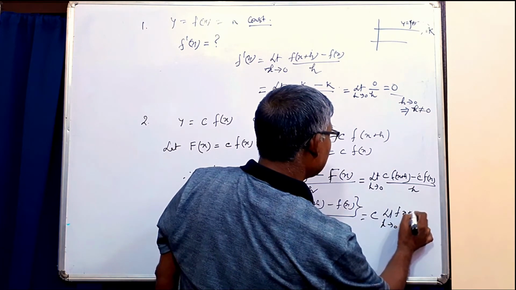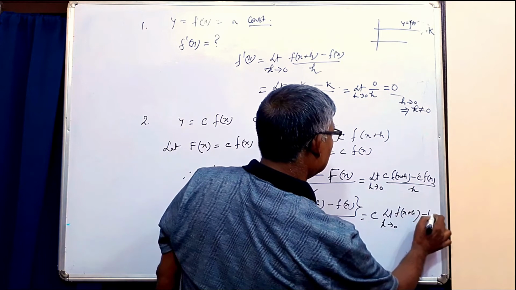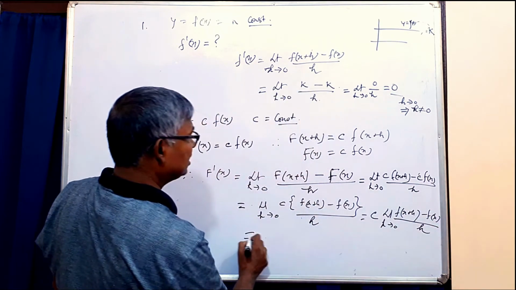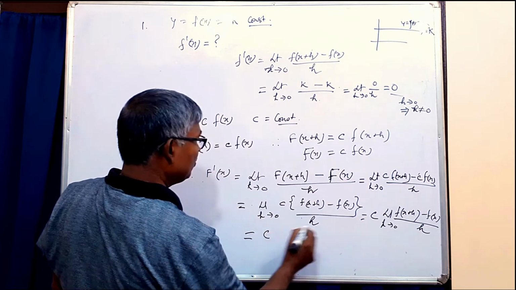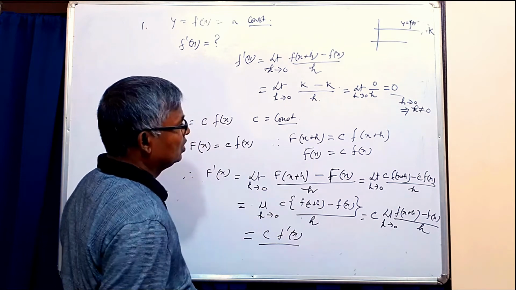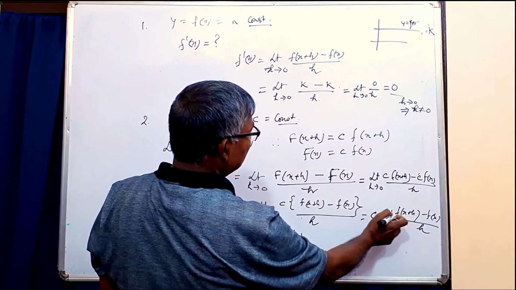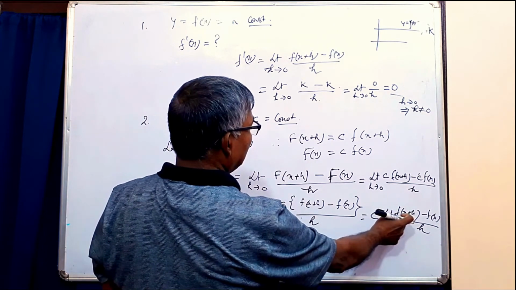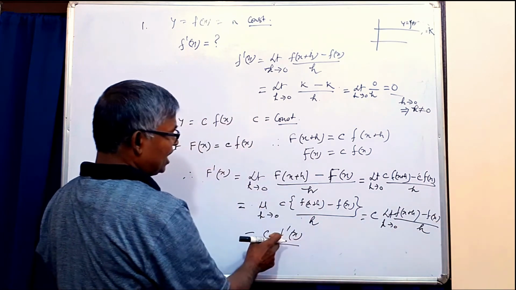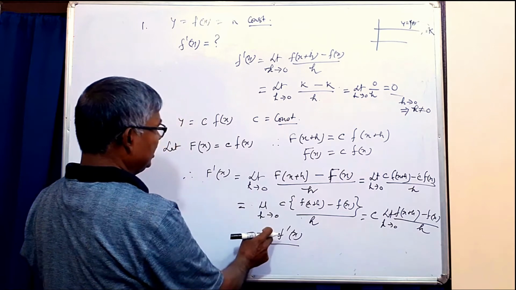f of x plus h minus f x by h, that is c into f dash x. Because you know it, f of x plus h minus f x by h, h tends to 0, equals f dash x, so it is c into f dash x.